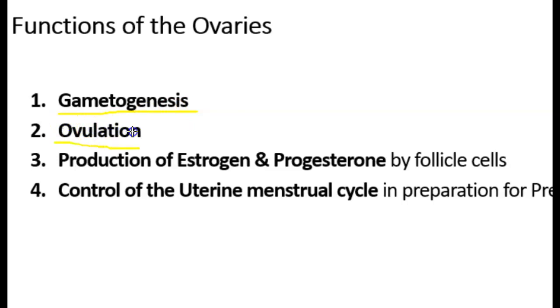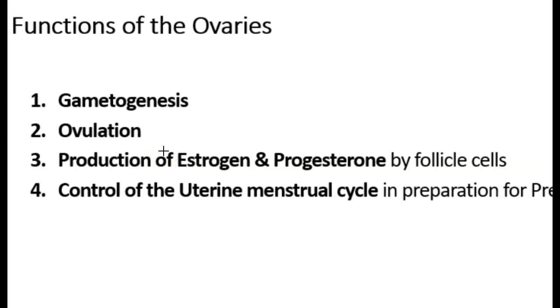The release of the gamete is called ovulation. So two major functions to begin with: making a gamete and ovulating that gamete. And then a third function is to produce estrogen and progesterone.